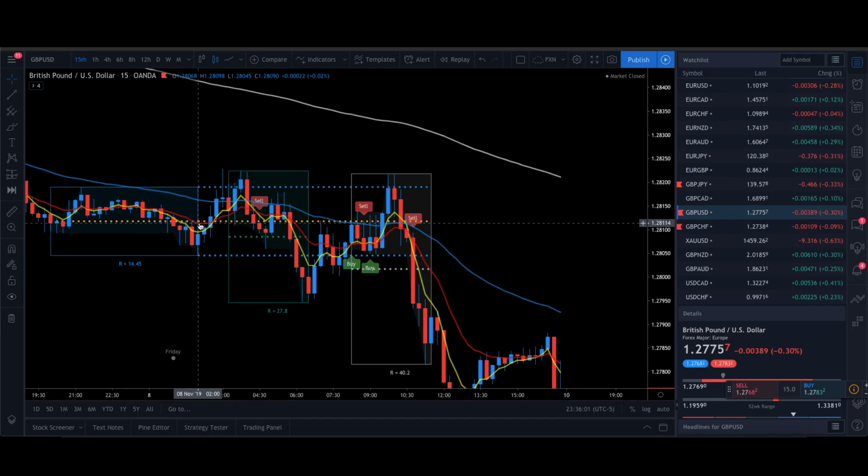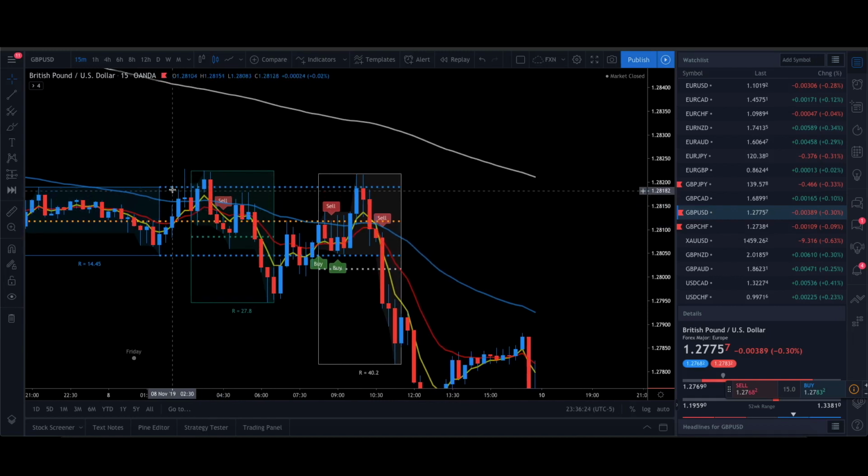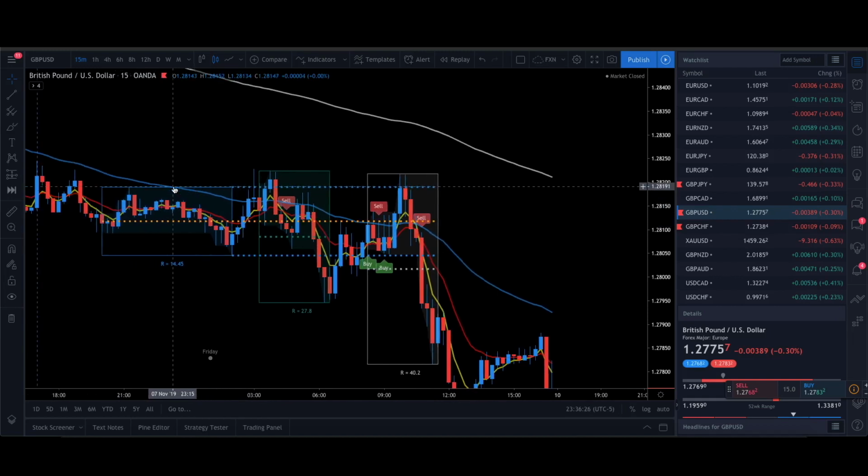So you can see when it actually gets stuck in the middle of the range or at the top or the bottom of the range. That's what those lines are there for. That's the only purpose they serve: to help you identify type 2 and type 3 setups. They're always going to print at the top of the range where we look for type 2s, at the bottom of the range where we look for type 2s, and in the middle of the range where we look for type 3s.